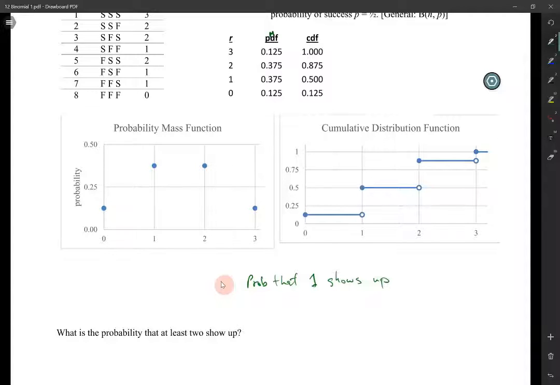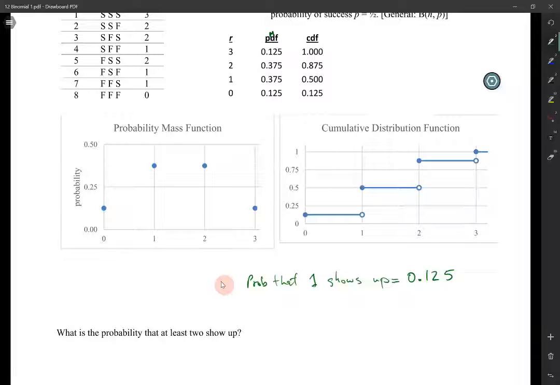Well, it's not exactly 1 out of 3, because... yes, it's 0.125. Why is it 0.125? Why is the probability that 1 shows up 0.125?